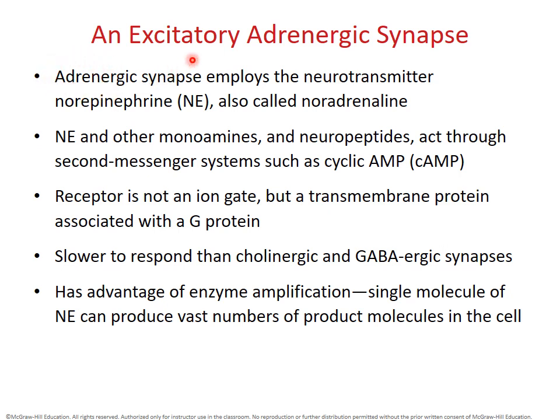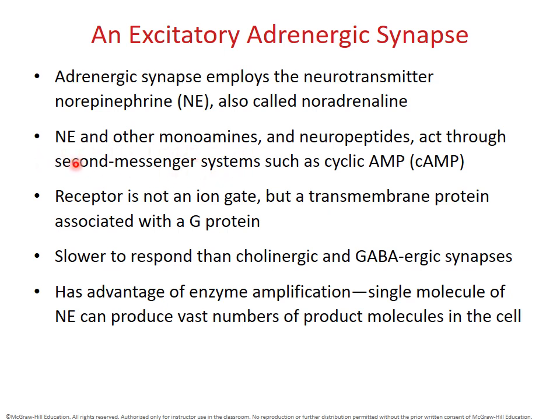And so the adrenergic synapse, which involves norepinephrine and any of the other monoamine and neuropeptide neurotransmitters, act through what are called second messenger systems.